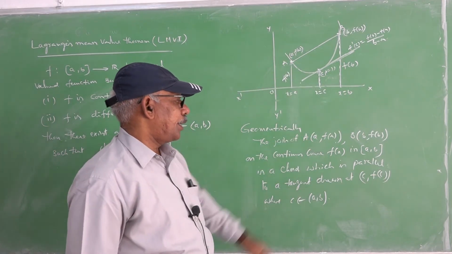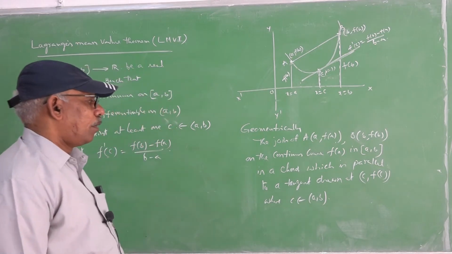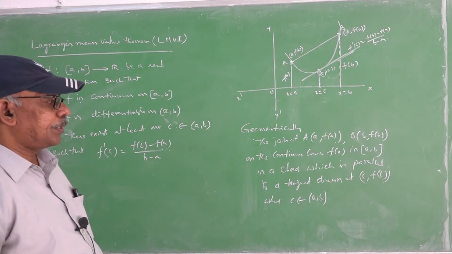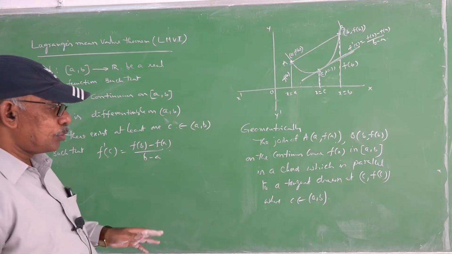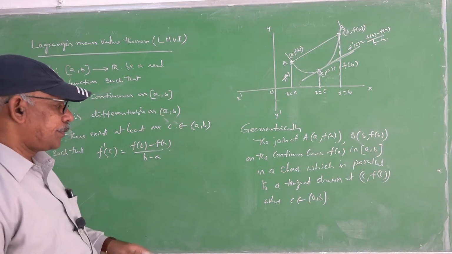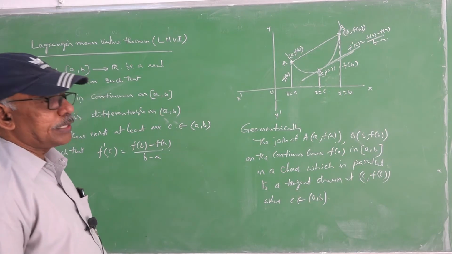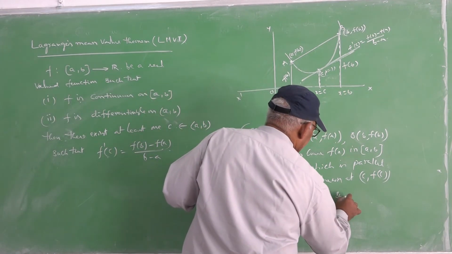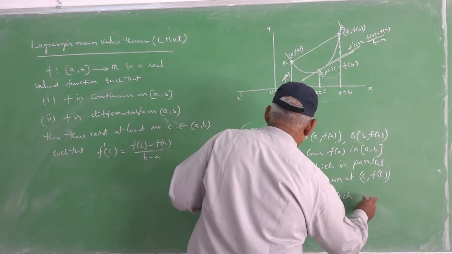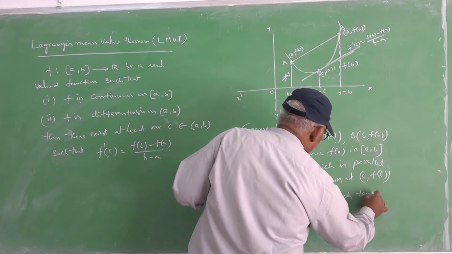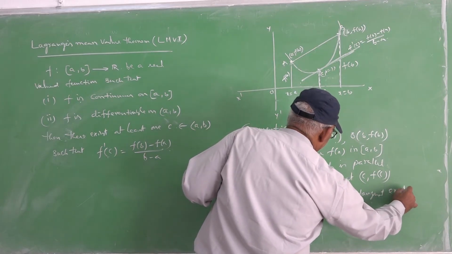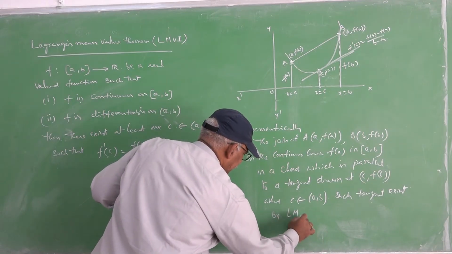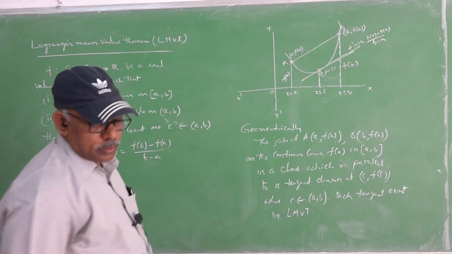So the join of (a, f(a)) and (b, f(b)) on the continuous curve y equal to f(x), of course in [a, b], is a chord which is parallel to a tangent drawn at (c, f(c)), where c belongs to (a, b). Such a tangent exists by Lagrange's mean value theorem.